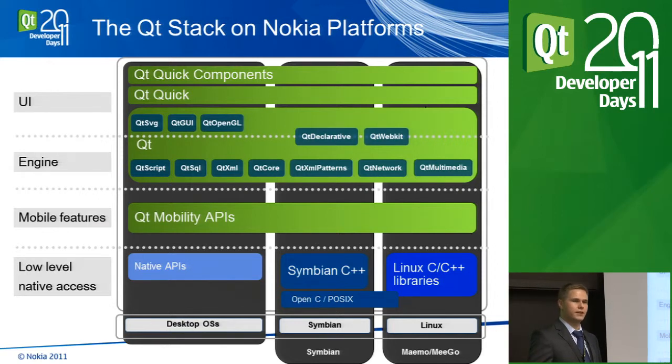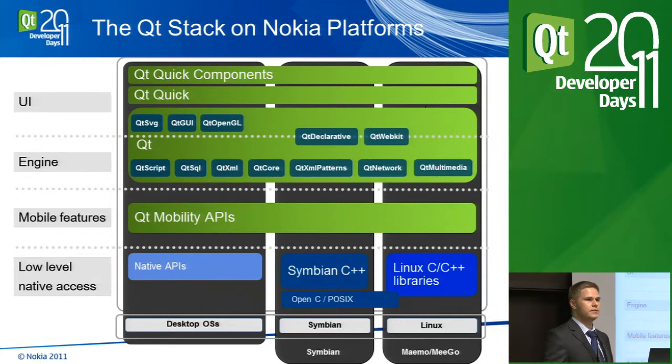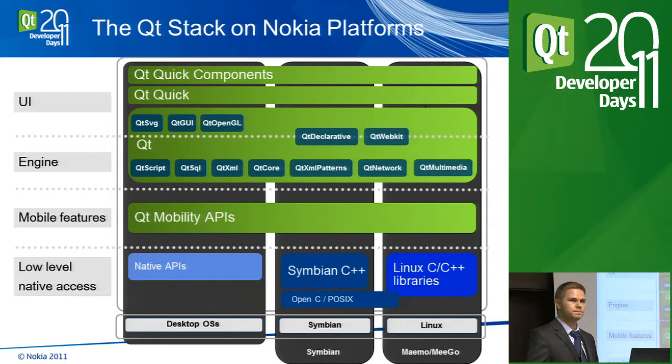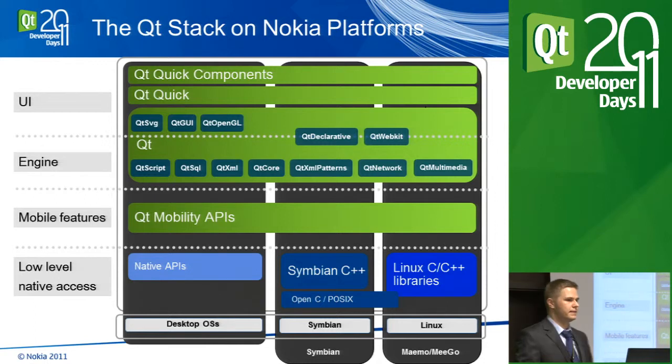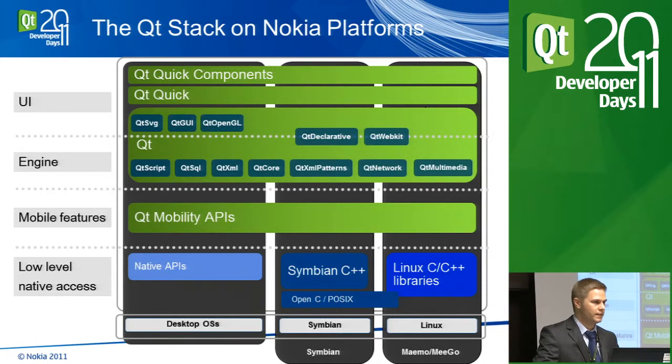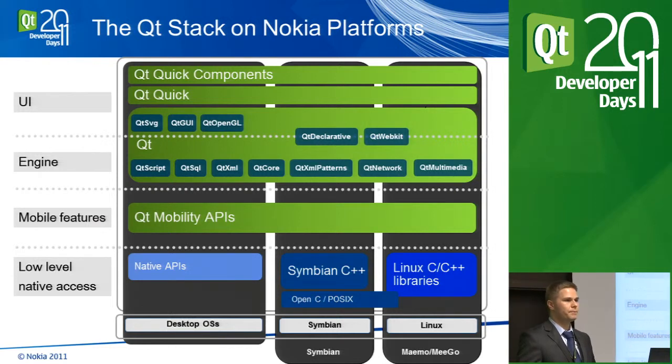As mentioned before, we are targeting using Qt Quick for the whole UI. So we don't need to use Qt widgets themselves, just Qt Quick and QML. And then there's Qt Quick Components, which is, at the moment, a little bit specific to mobile. Qt Quick Components gives you the ability to use UI components in QML.